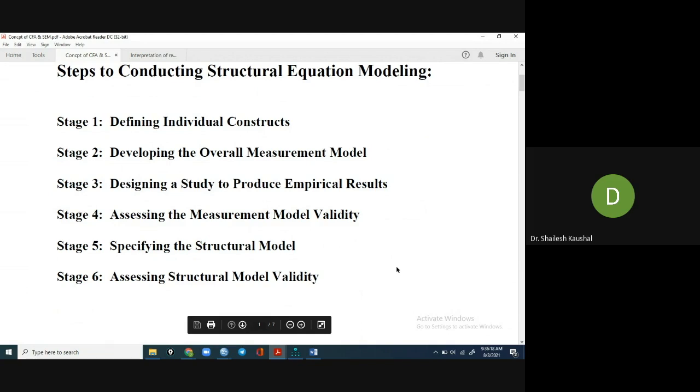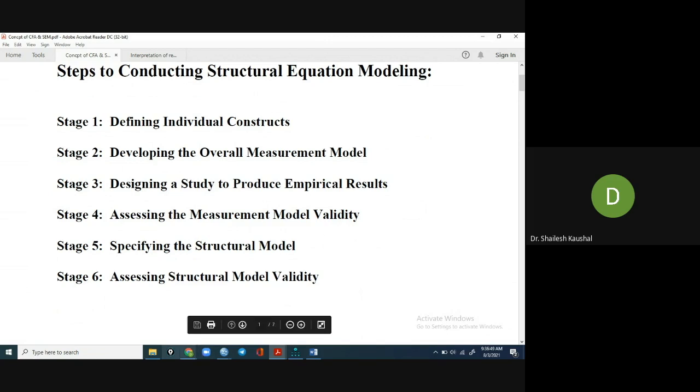Basically, the purpose of exploratory factor analysis is data reduction and summarization. After that, we specify our model, or we can use other dependence techniques such as independent t-test, ANOVA, and multiple regression analysis. We can use these constructs to find the relationship among the endogenous and exogenous variables.